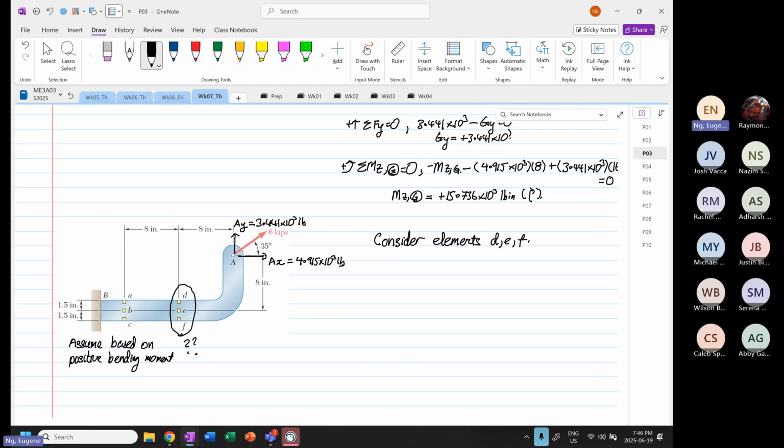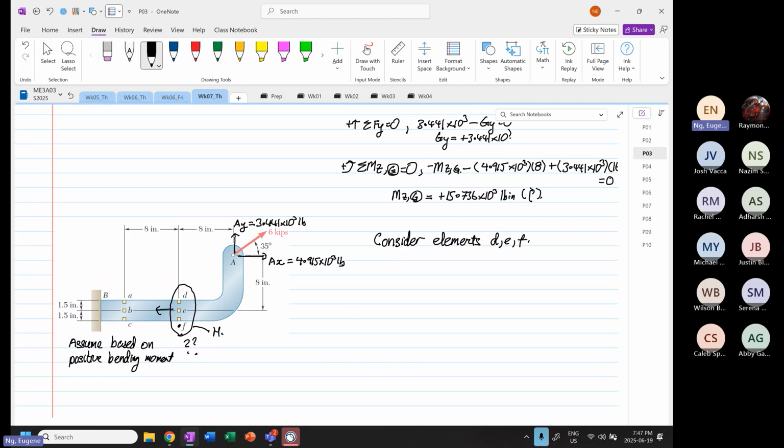So now we're going to focus on D, E, and F. So I'm going to use static analysis. Okay, so we know that we have a load down here, right? This is your D, E, F. So we call this region our point H. Okay, this is bad writing. This entire region is our region H.